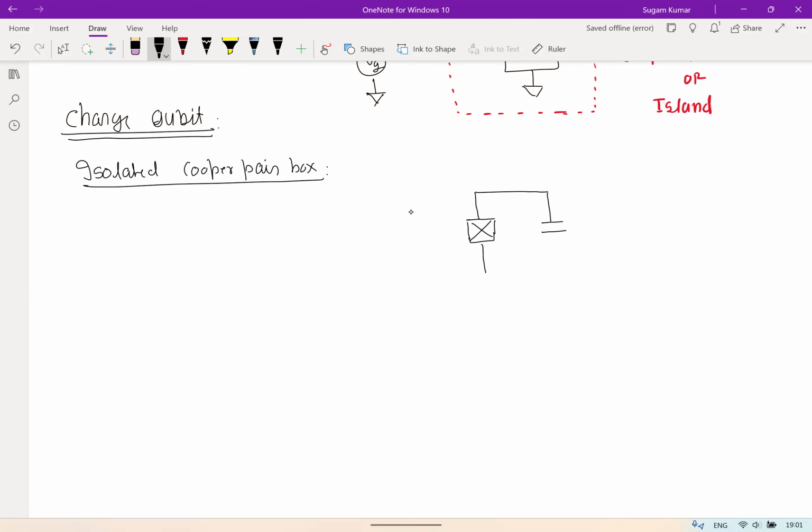And always keep in mind that this Josephson junction is nothing but this one, that is the CJ.